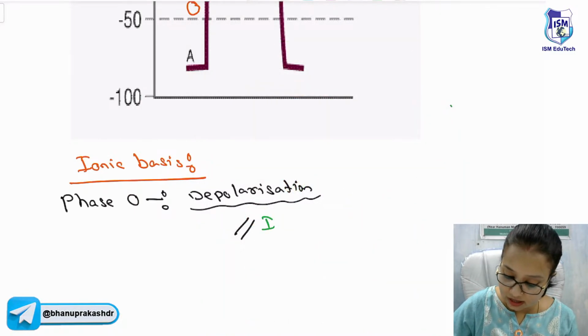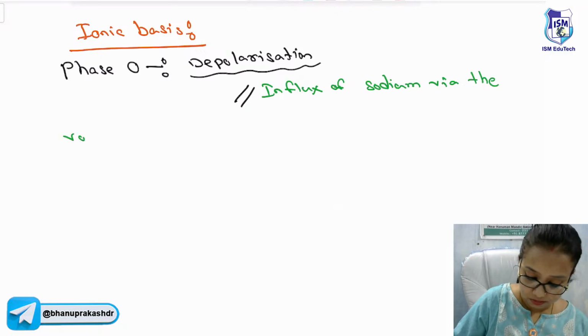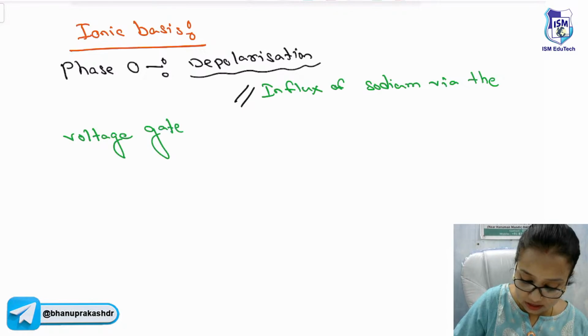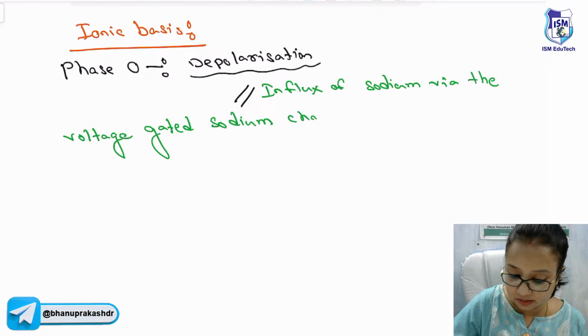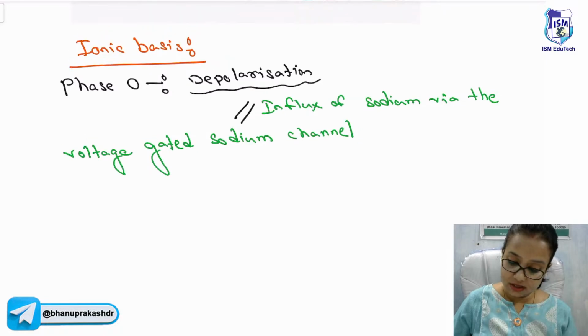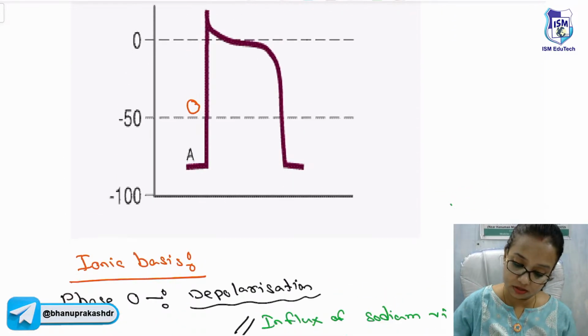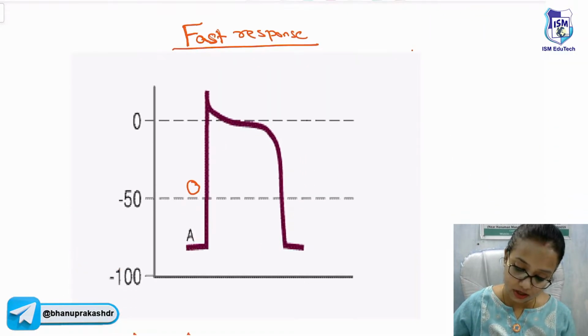It is the influx of sodium via the voltage gated sodium channel. This is the reason why we get this straight upward spike, a straight upward line.